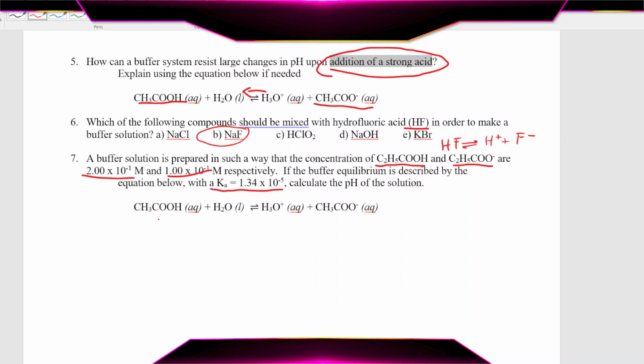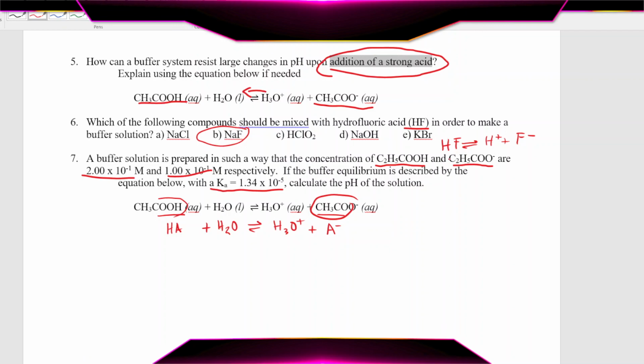They gave you this equation right here, and then they gave you this equation. So this is pretty much what we've been looking at. This is a weak acid, HA plus H2O gives you H3O plus and A minus. So this is our A minus. This is our HA.